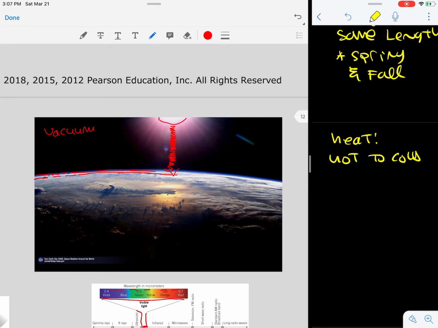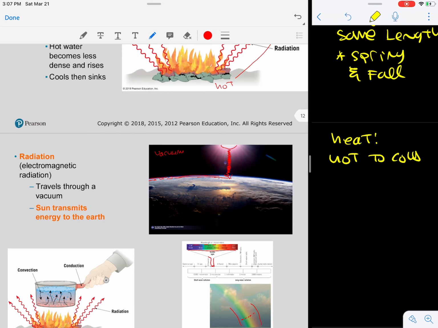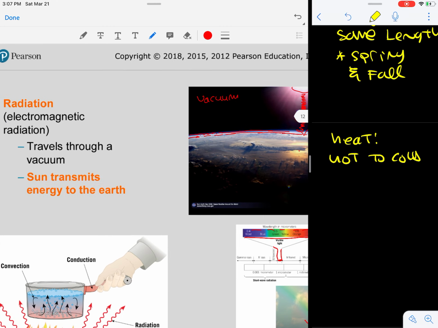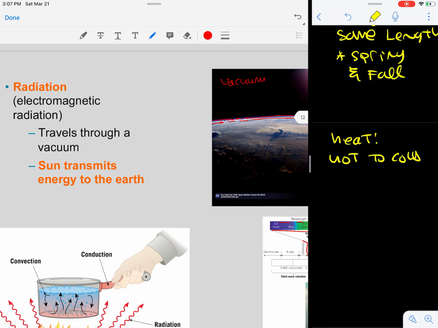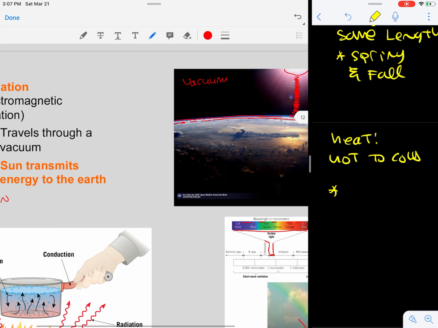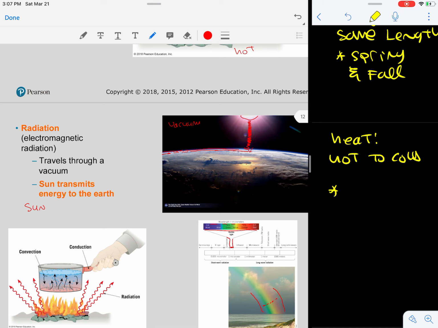And this kind of energy is called radiation. So the sun warms the earth through radiation. So the next way that heat travels is by radiation. And radiation can travel through a vacuum.